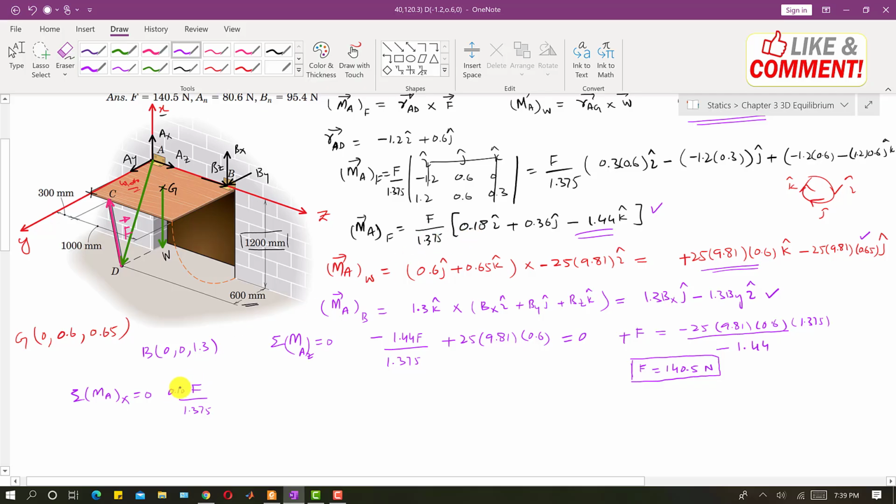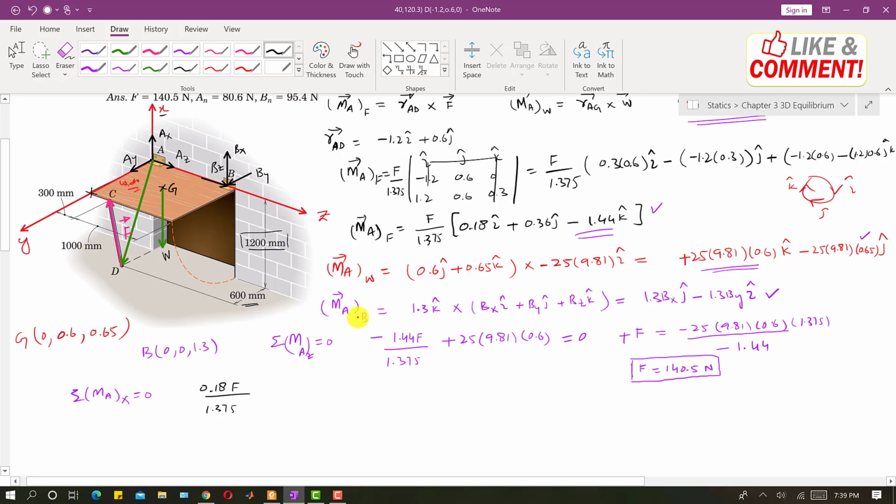So this is 0.18 into F divided by 1.375, and as we can see, this weight is not producing the moment about x-axis, since it's parallel with the x-axis, so we have no component of this moment along x.